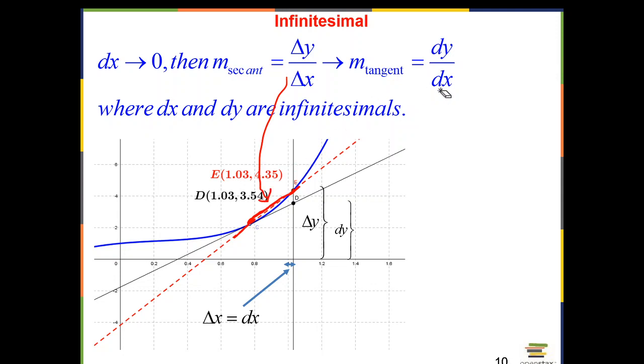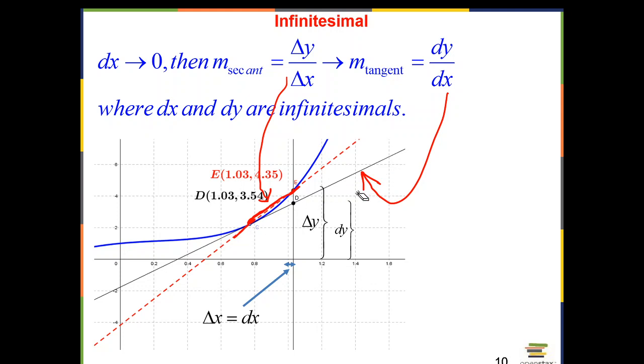But this is the slope of this line. And since we assume that dx is really, really small, then dy and delta y are really close. So what's the difference between them? You see, from here to here is delta y, and from here to here is dy.